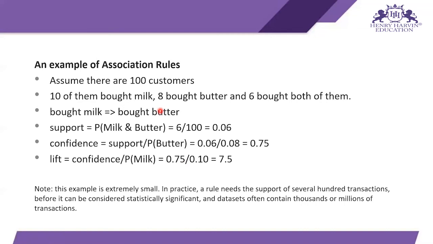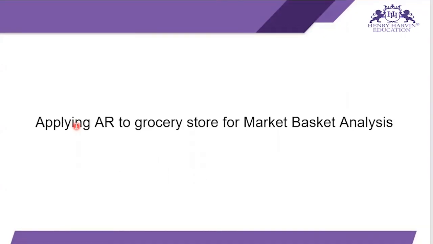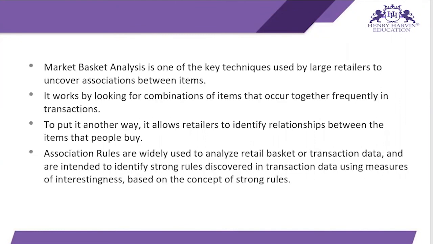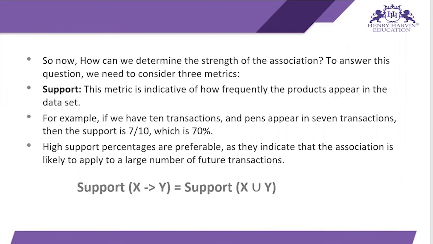And that's all for the theoretical session where we talked about applying AI to the grocery store for market basket analysis. We talked about what market basket analysis is, how we apply association rule learning, and how we get the relationship between items, and which metrics we should use to find the relation.